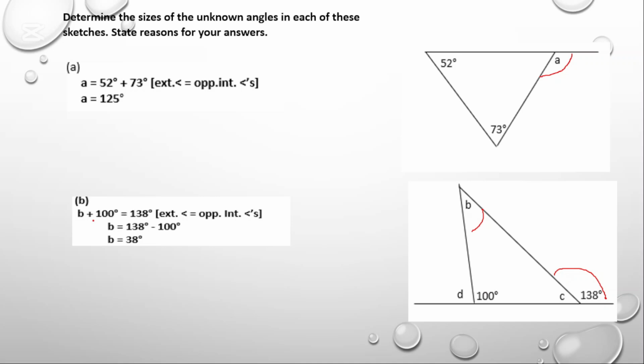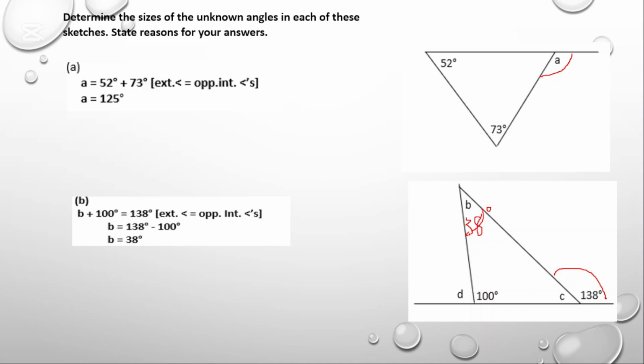So B plus 100 is equal to 138. Why? Exterior angle is equal to opposite interior angles, and we do the sum. B is equal to 138 minus 100, and B is equal to 38 degrees. Right, we have B now.